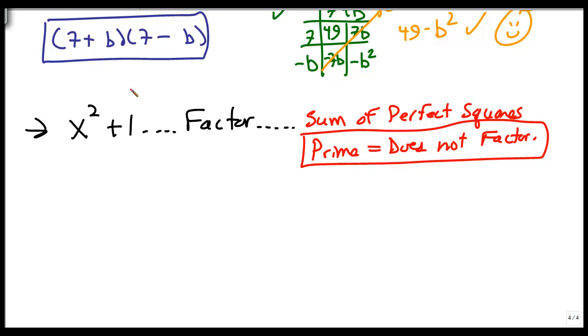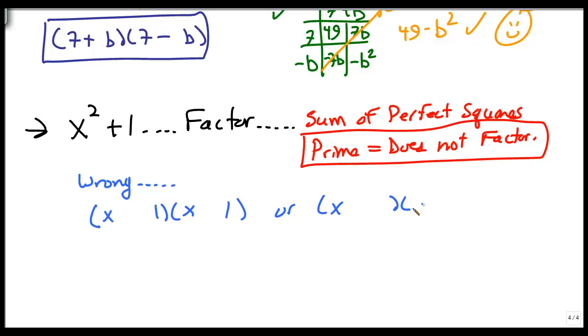So for instance, we're talking about the x squared plus 1, and we might think, okay, so this is wrong, but I'm going to show you why it doesn't work. We might think an x and an x goes in each of my front positions and a 1 and a 1 in the back, same setup, and then I need a positive here. So if both my signs were plus, that would give me an x squared and a 1. And if both my signs were negative, that would also give me an x squared and a 1.